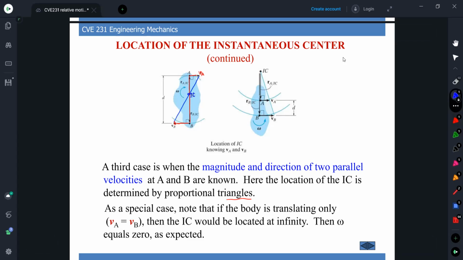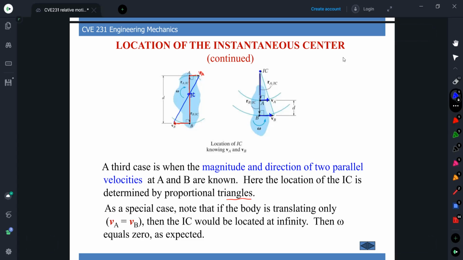This works for the case that IC is between points A and B, and also for the case that IC is not between A and B, but VA and VB are still parallel to each other.